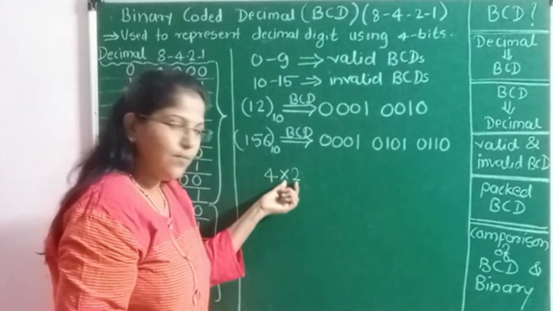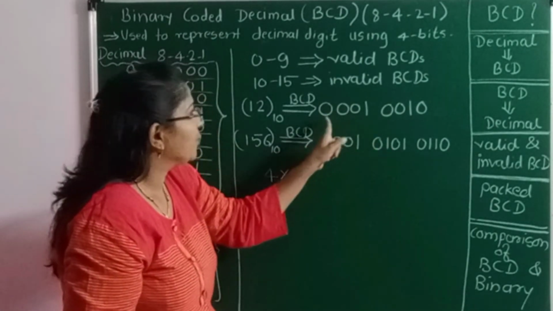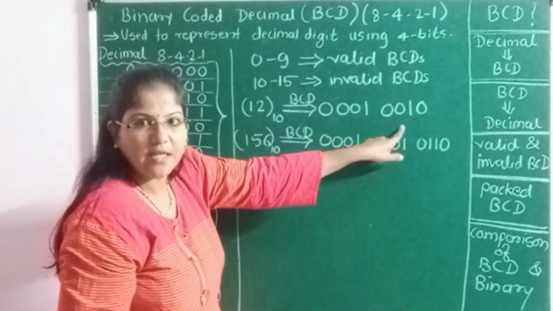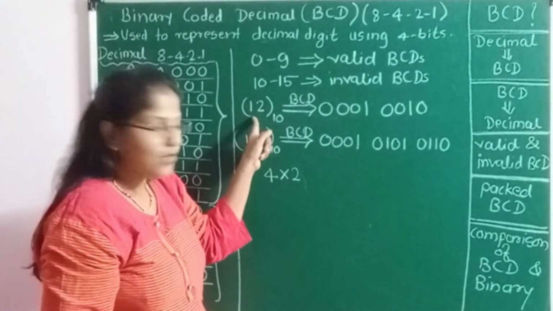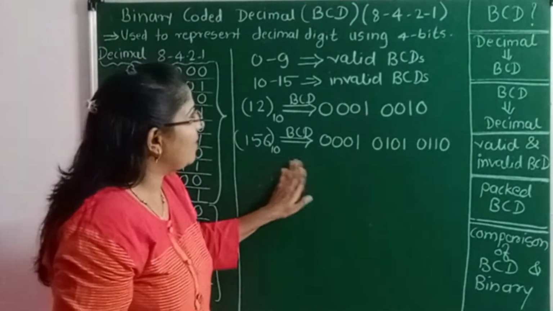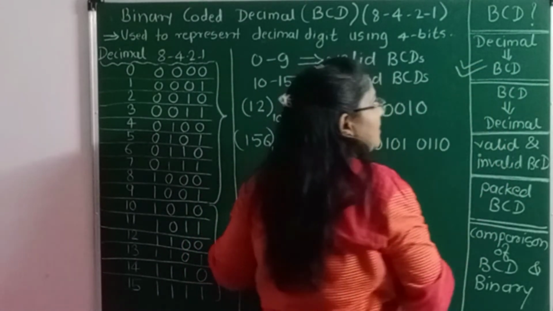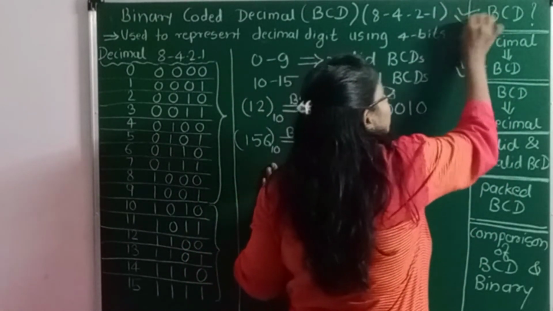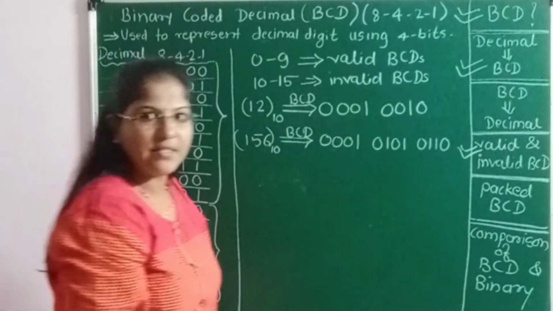So 4 into 2, 8. So here also you can see how many bits are there in BCD? 8 bits, as 2 digits are given in the decimal number. So this is how we can convert decimal to BCD. So we have finished decimal to BCD as well as what is BCD and valid and invalid BCD.